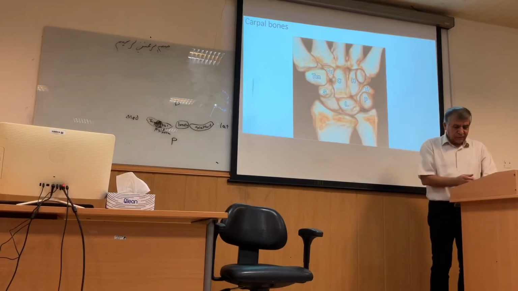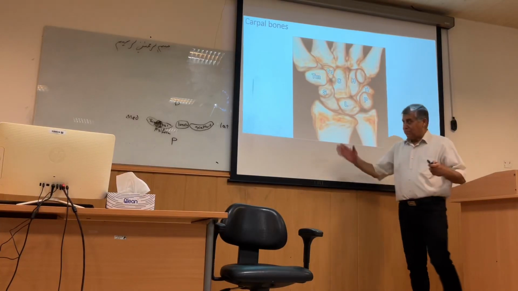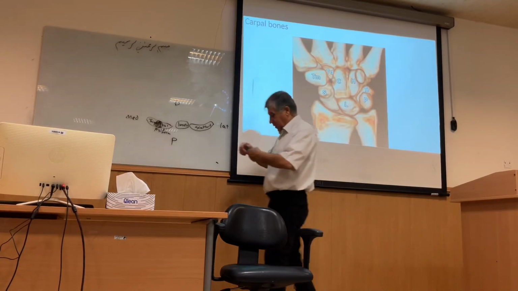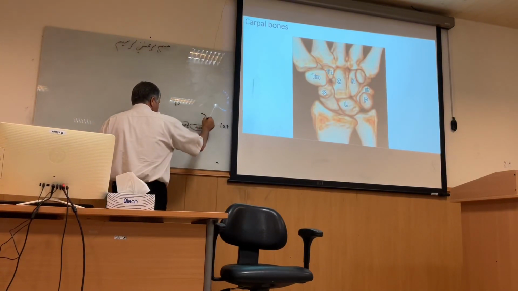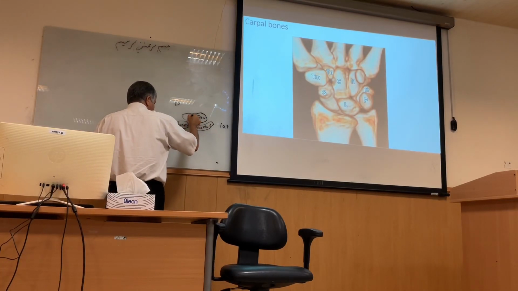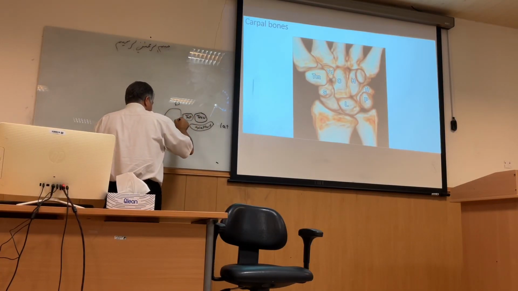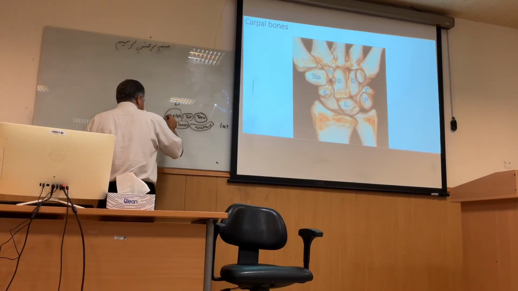Distal row, from lateral to medial, you can see trapezium, trapezoid, capitate, and hamate.